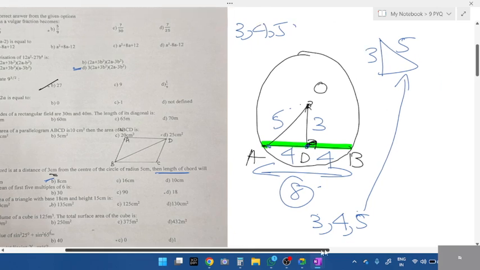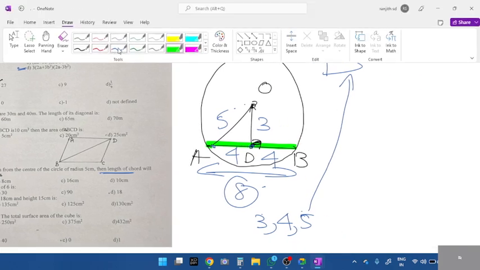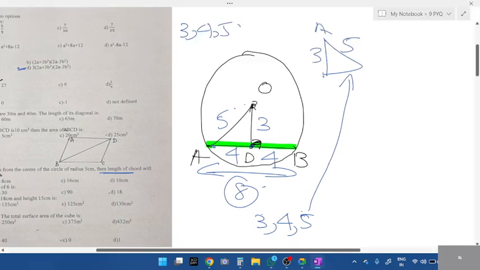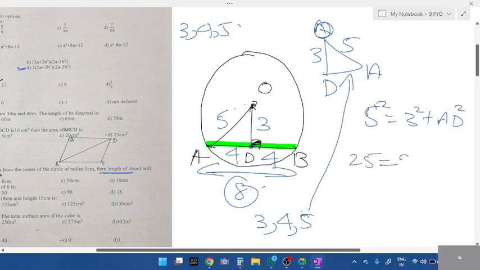Okay, if you want to make a note or apply Pythagoras theorem here: AO squared, 5 square is equals to 3 square plus AD square. 25 is equals to 9 plus AD square. 9 would go to the other side. 25 minus 9, square root.